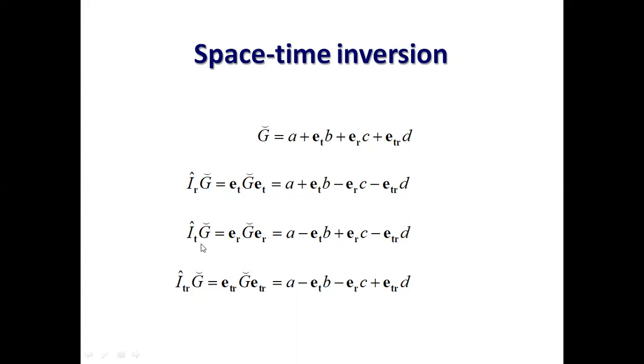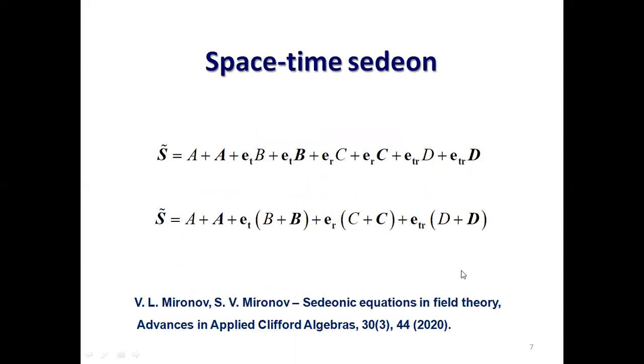The operation of time inversion is carried out using ER elements. In this case, we have a new quaternion with minus signs in the time part and space-time part, and so on.